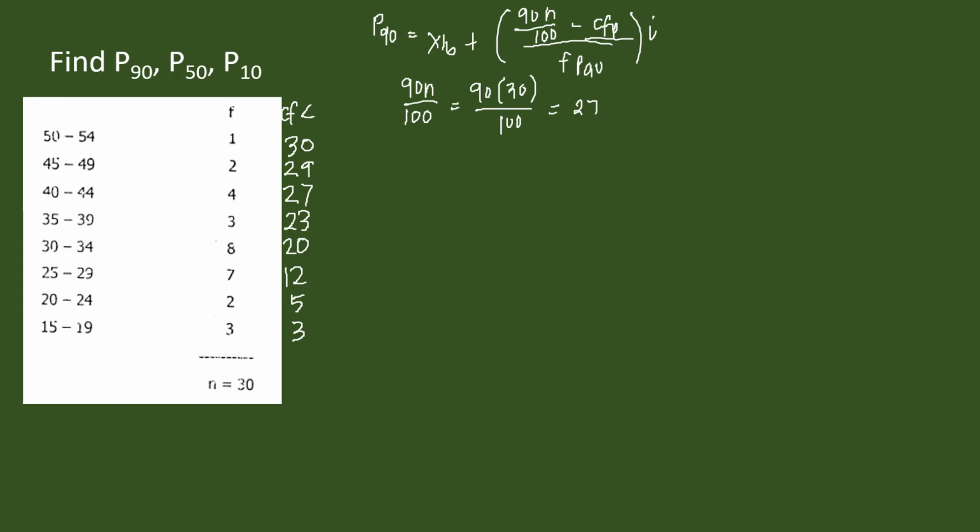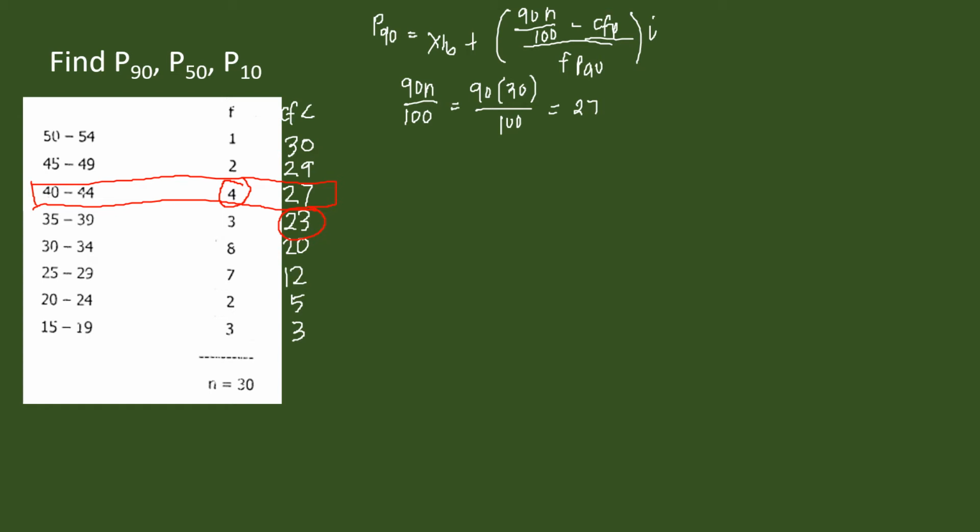Marking that in our distribution, here is 27 in the CF less than. I will mark the CFP, which is 23, because that is the cumulative frequency preceding, and the frequency of the P90 class, which is 4.